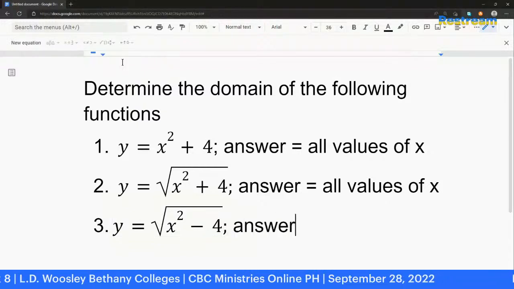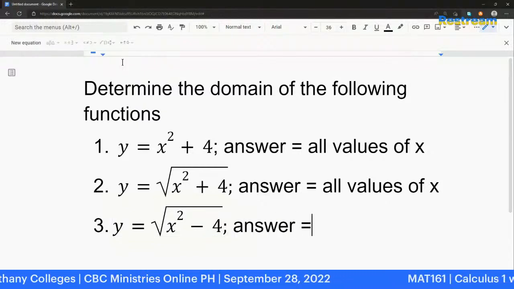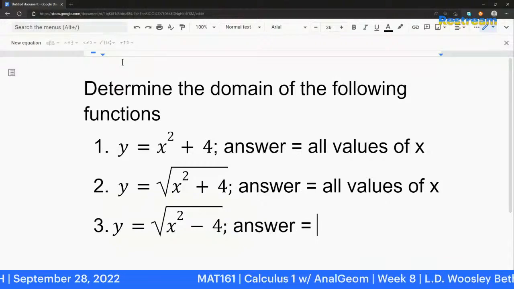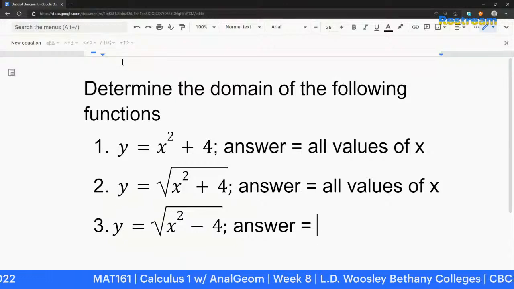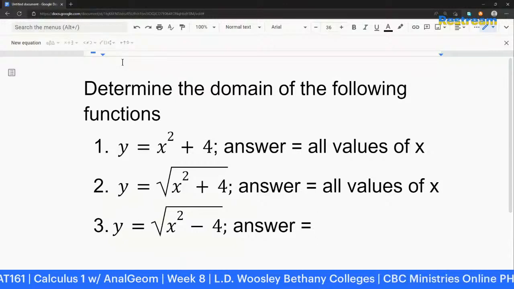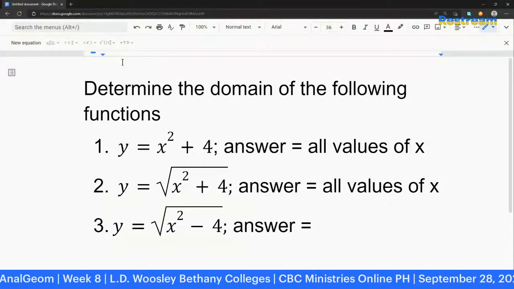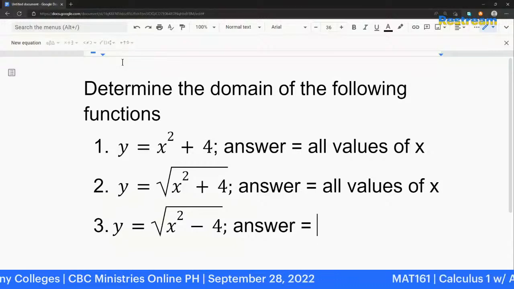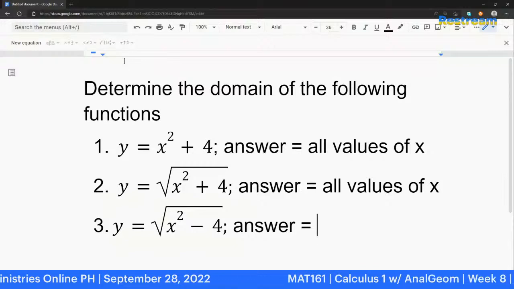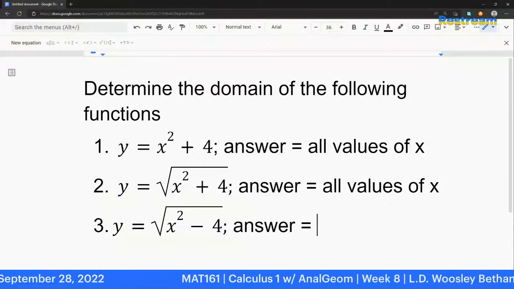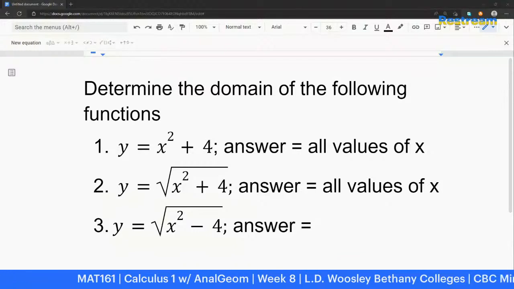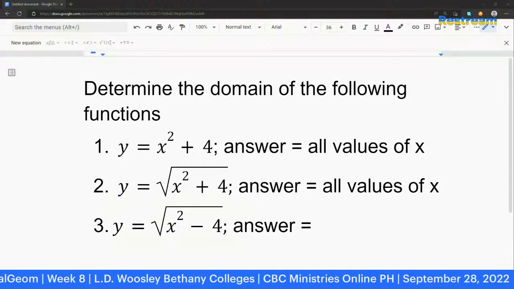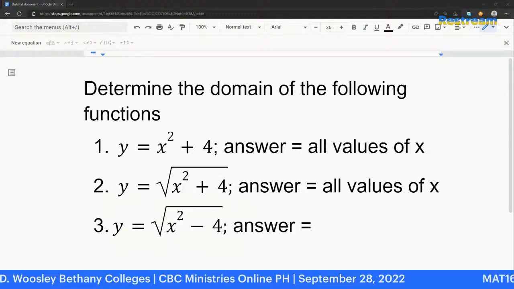What is the domain of this function? Josh, you may type on your chat box. Okay, we'll be waiting for you. This is for you, Josh. And then prepare Gian afterwards.